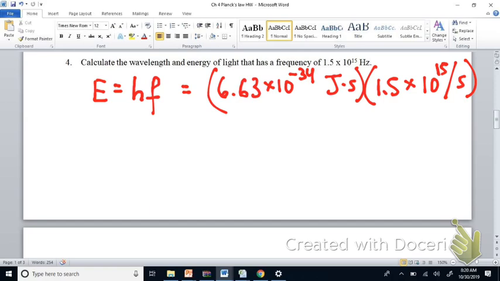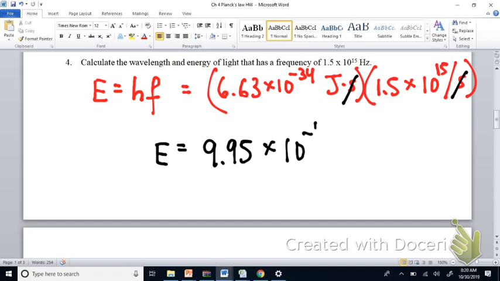And again, when I multiply a second by an inverse second, that's second divided by second, they cancel out. Now all I need is to simplify this expression on my calculator. And when we simplify this expression, I get 9.95 times 10 to the minus 19 joules.